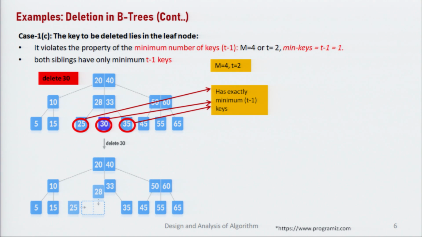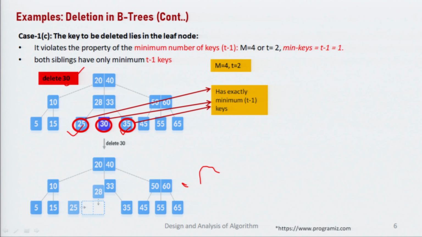In order to delete, here we want to delete the key 30 which is residing in node X, and its left sibling has only one key, and its right sibling has only one key. All these three have only minimum keys, so we cannot borrow any key from any of the nodes here.